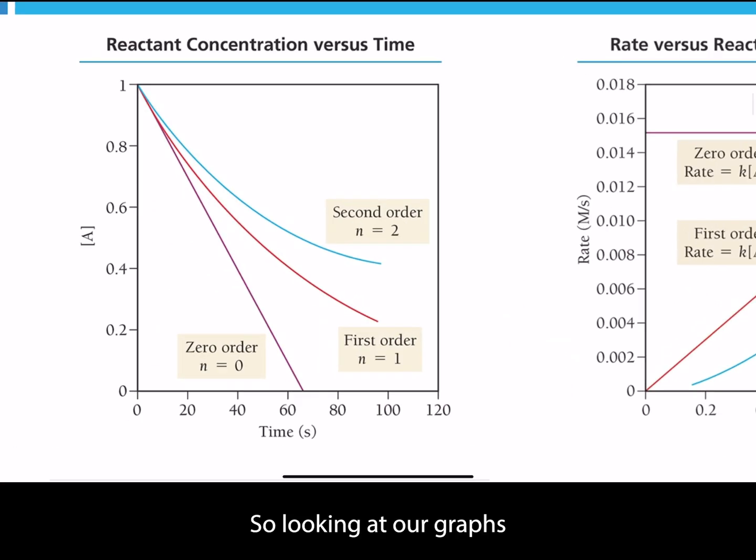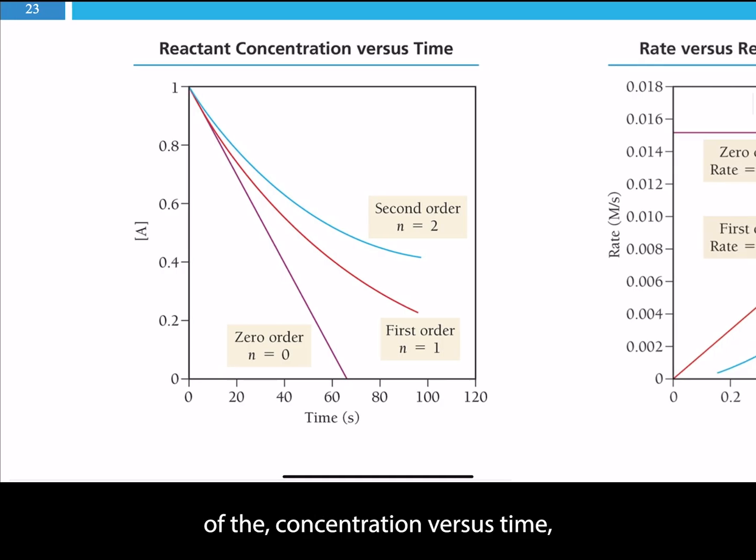So looking at our graphs of the concentration versus time, zero order is a perfectly straight line. With first order, the concentration decreases, but also the rate decreases. And for the second order, that happens even faster. And then this one can be a little bit confusing.